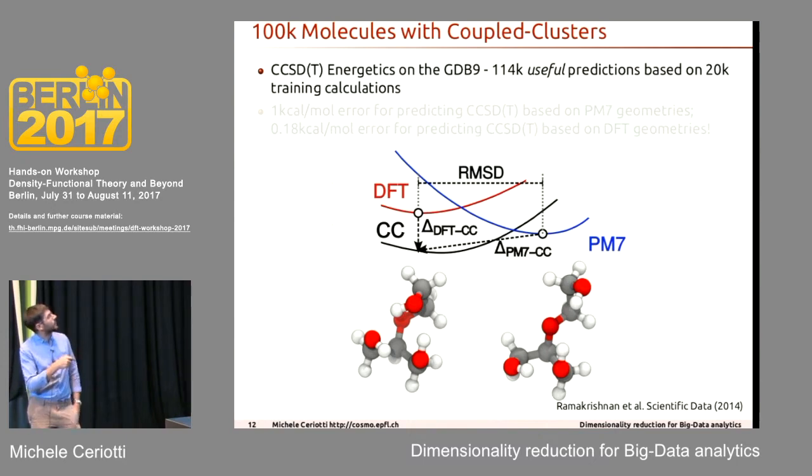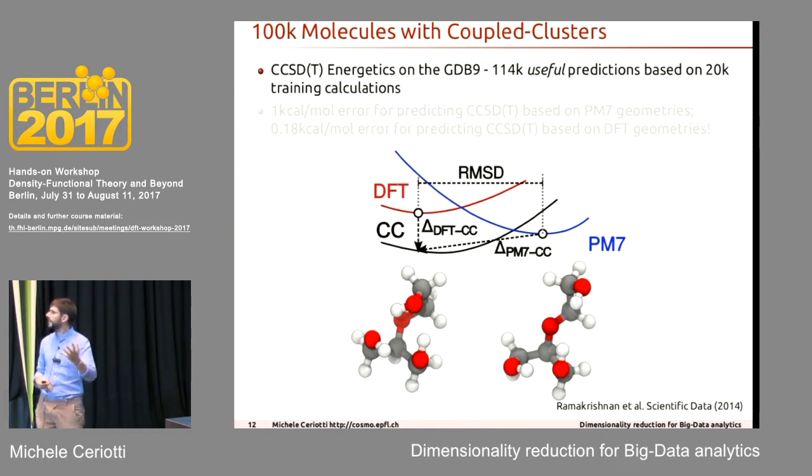One aspect that we tried to do in this exercise was to make sure that we were making something useful. This database contains a bunch of DFT-optimized geometries and the associated ground state energies. The typical benchmark exercise, and I will show some of these benchmarks later on, is to learn the DFT energy taking as an input the DFT-optimized geometry.